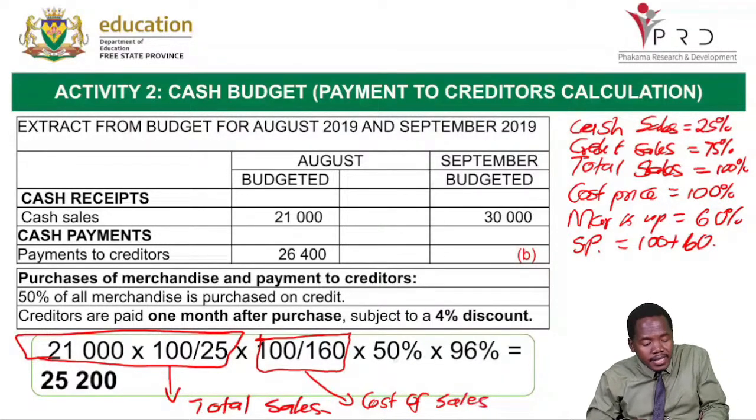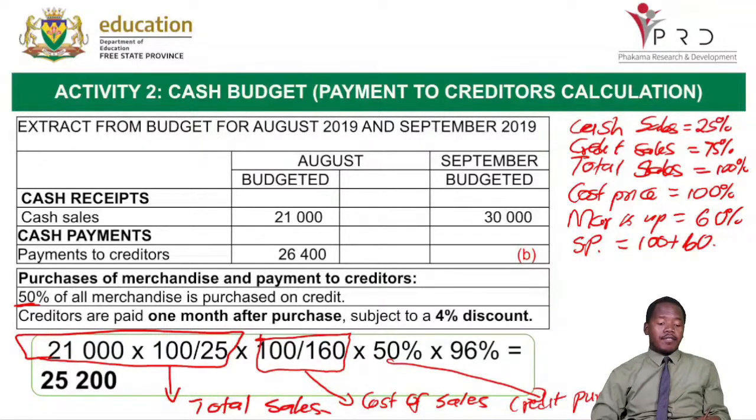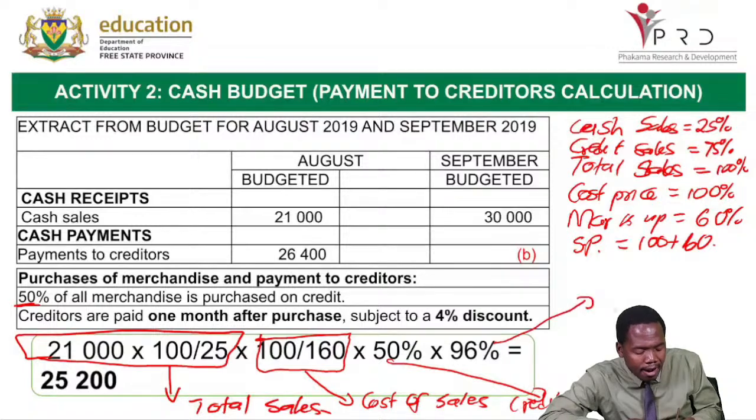Now, when we say times 50 over 100, what are we trying to do? We want to get credit purchases. Remember, we're told that 50% is our credit purchases. Now, what is 96%? 96% is our discount.